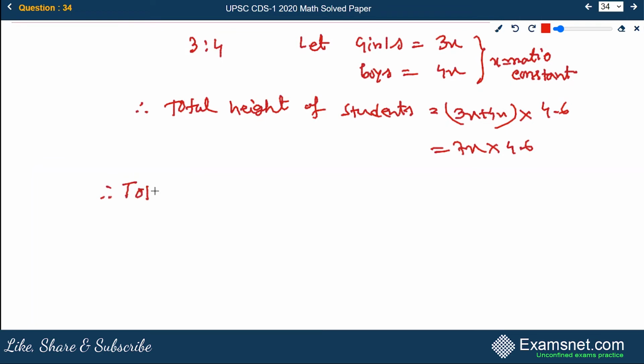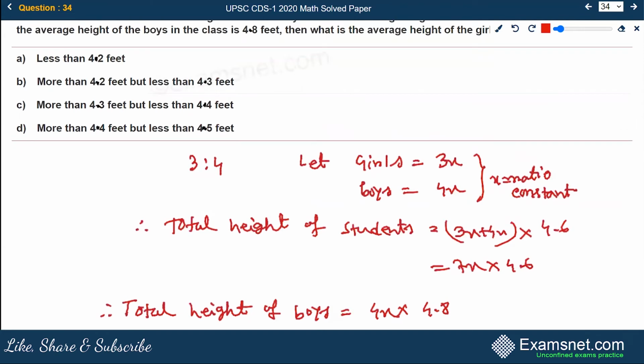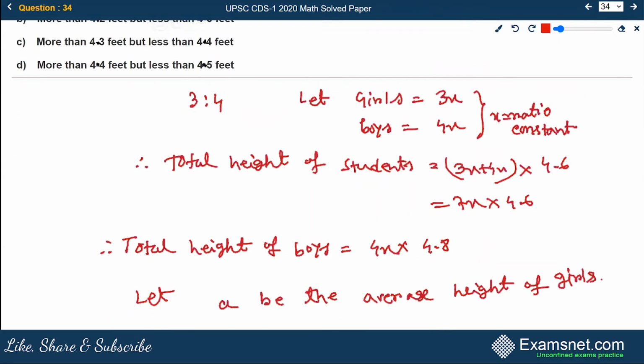Therefore, total height of boys, that is 4x multiplied by 4.8 feet. Okay, let A be the average height of girls. We are not given the average height of girls. We have assumed it as A.